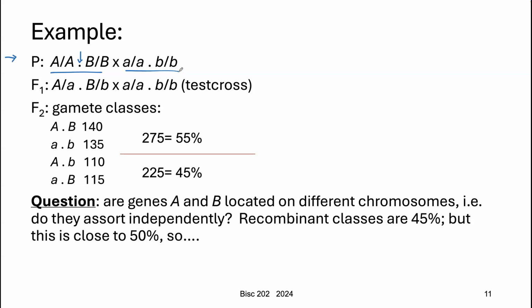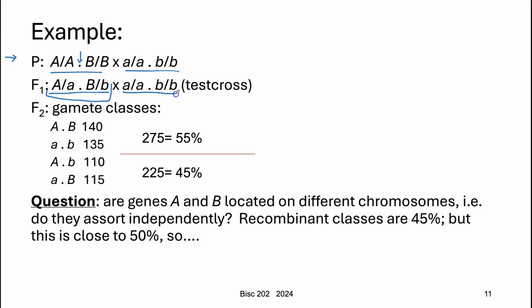And this parent is homozygous recessive, so we produce dihybrids, individuals that are heterozygous for both genes, and we do the test cross. When we do a test cross like this, we only have to look at what's happening in this parent, because the independent assortment or the crossing over that we might be detecting are going to be relevant only in that one parent.